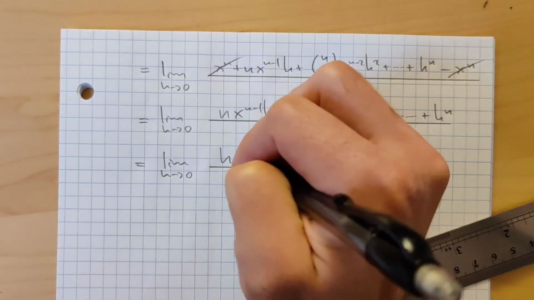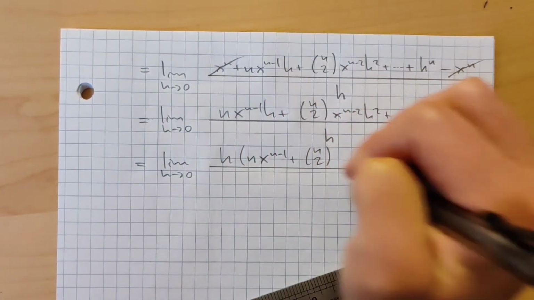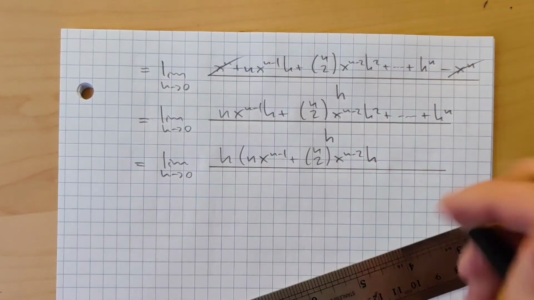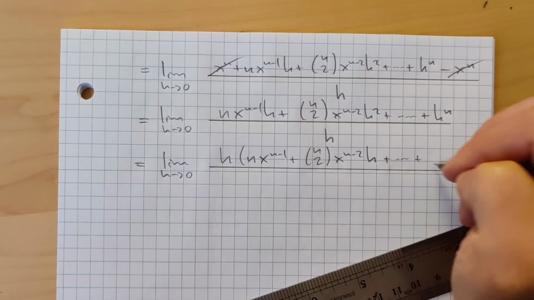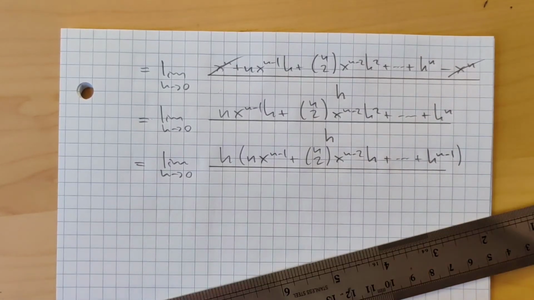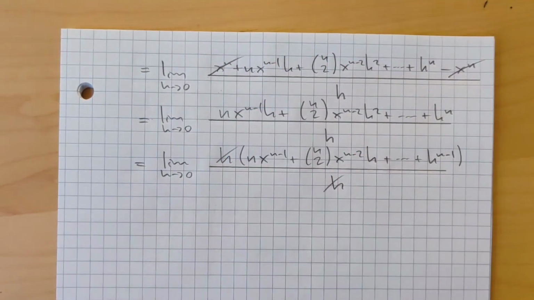Now I've got h times n x^(n-1). This n choose 2 is still here, x^(n-2) times h, because it used to be an h squared, and I factored out an h. And then the last one, h to the n minus 1, because it used to be an h to the n, and I factored out h. Now these h's will cancel out.